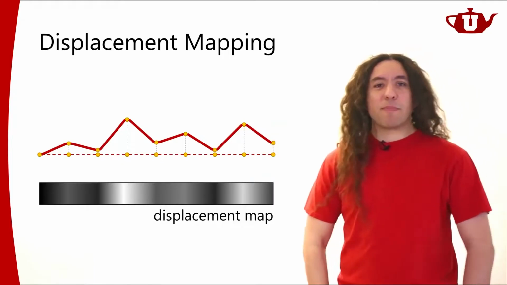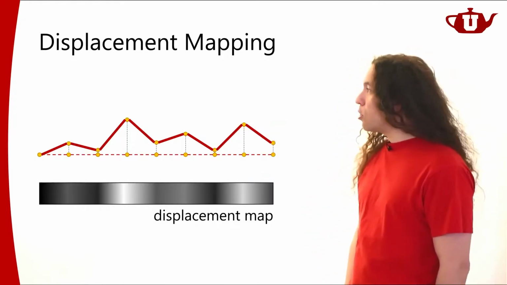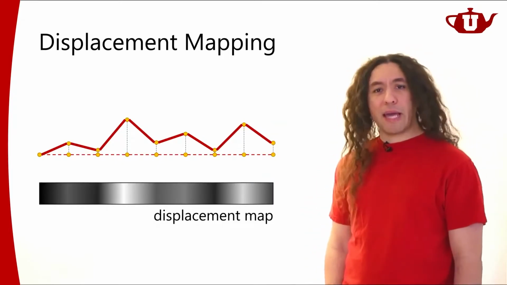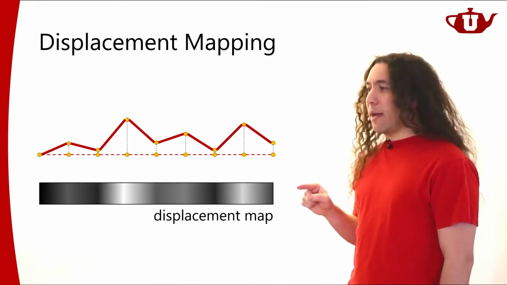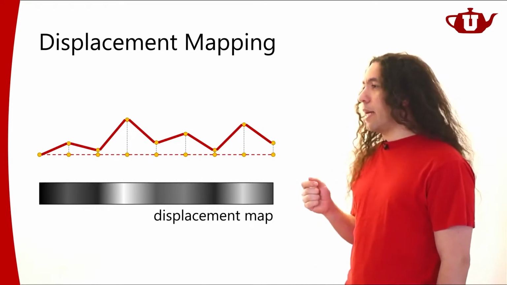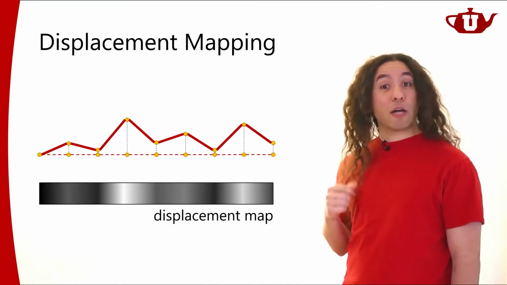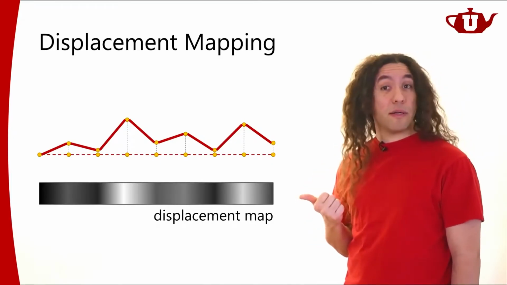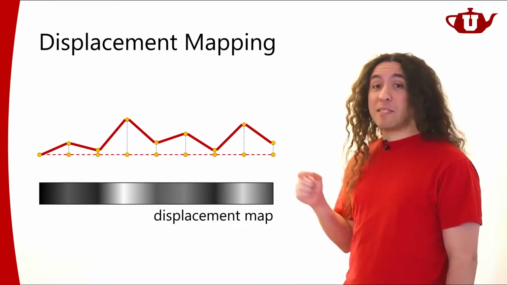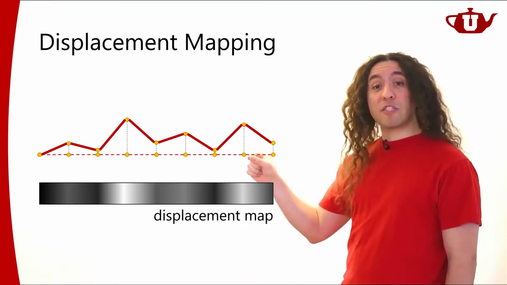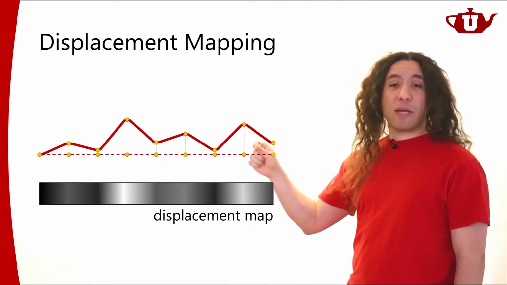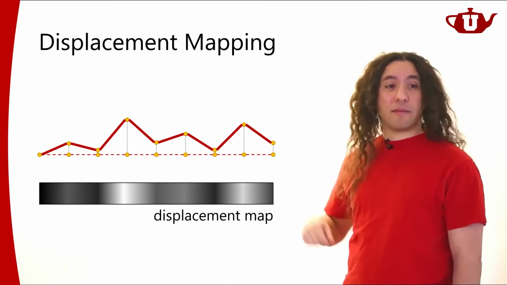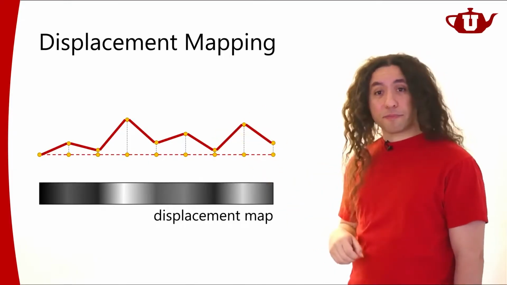Now, the concept of displacement mapping is a little more general than just height maps, because instead of just storing an intensity value from 0 to 1, I could be actually storing colors, RGB colors, right? So I could be specifying deformations not just along the surface normal, but I could be specifying deformations in the tangent and binormal directions, right?